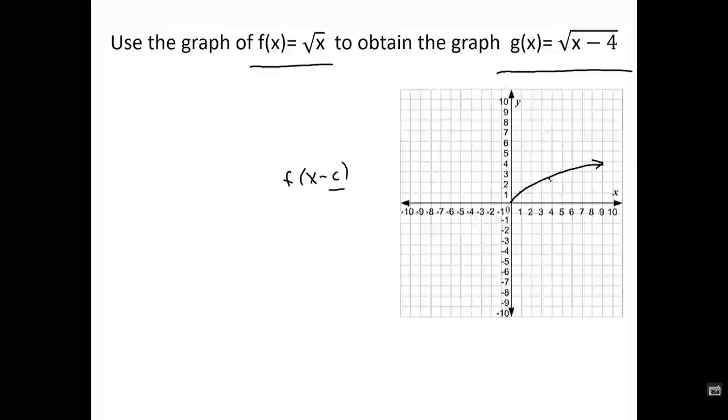So beginning here, we're going to shift the graph of f 4 units to the right. All right. So this now becomes the graph of g of x. G of x is equal to the square root of x minus 4.